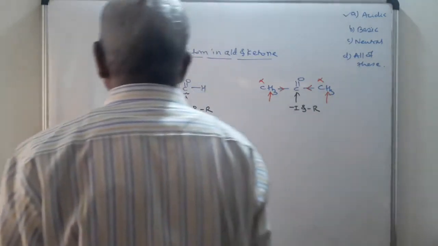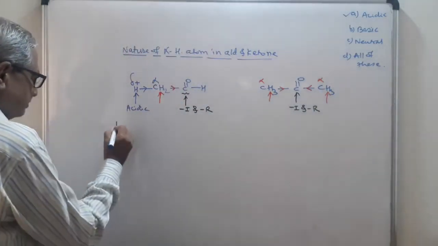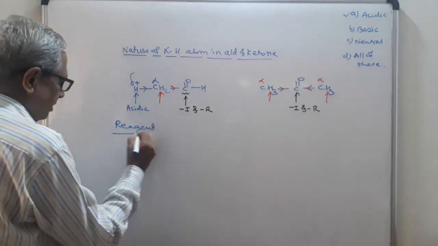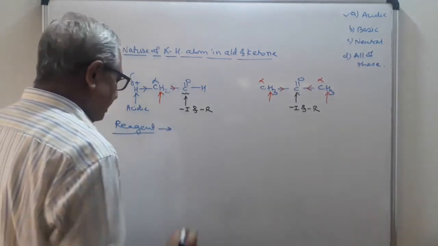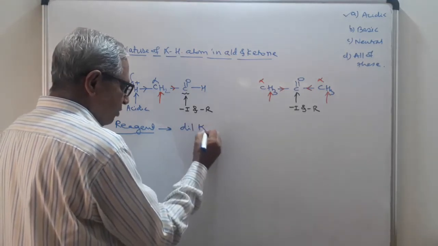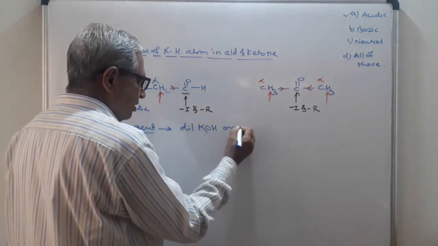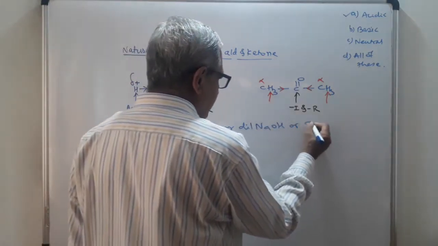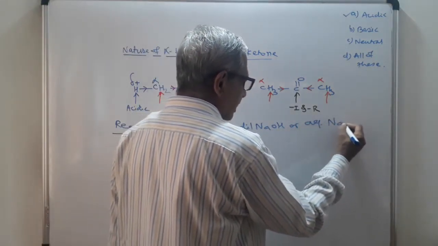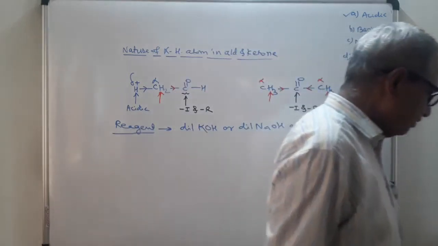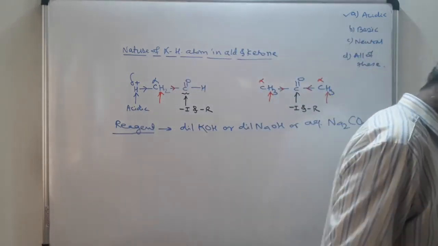Now see the next point here, which reagent is used in the aldol condensation. In aldol condensation, the reagent used is dilute KOH or dilute NaOH or aqueous sodium carbonate, which has the formula Na2CO3. These reagents are used here.